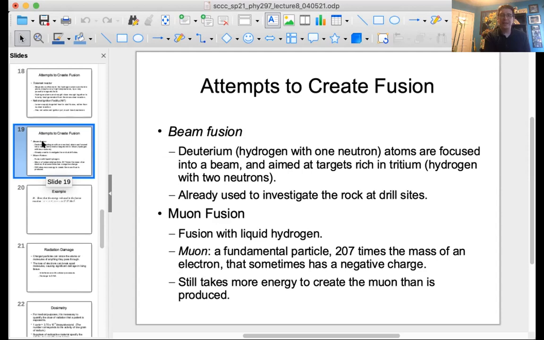And you have liquid hydrogen colliding with muons to produce fusion. But even there, you haven't reached break even. Any fusion reaction requires an input of energy, and right now there is no controlled fusion reaction that releases more energy than was put in to cause the reaction.